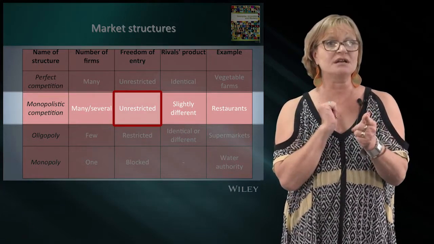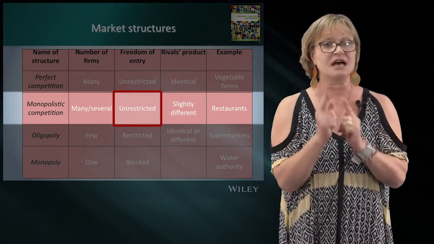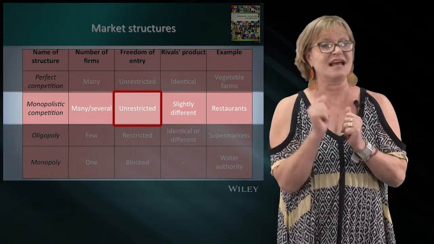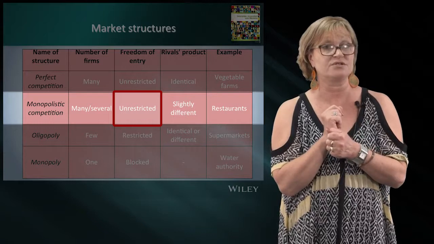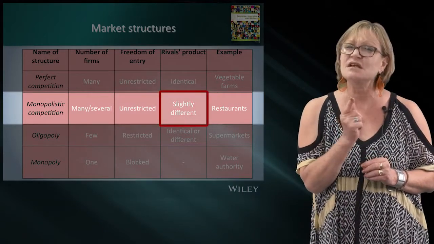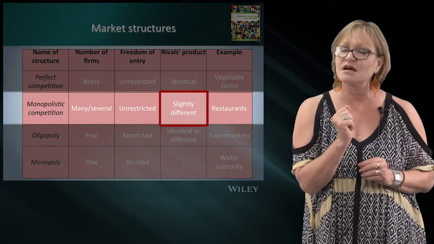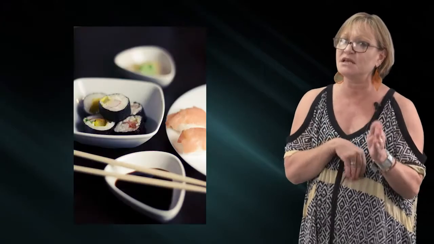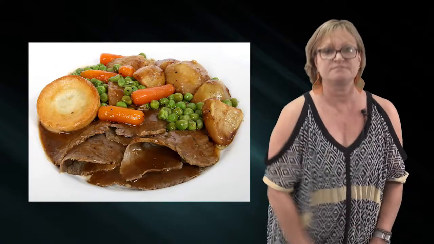So anyone can come in and set up, as the example says, a restaurant. What about the rivals' products? They're slightly different. So think about it, we've got Japanese cuisine, Chinese cuisine, Vietnamese cuisine, and Irish cuisine, whatever that is, meat and potatoes.